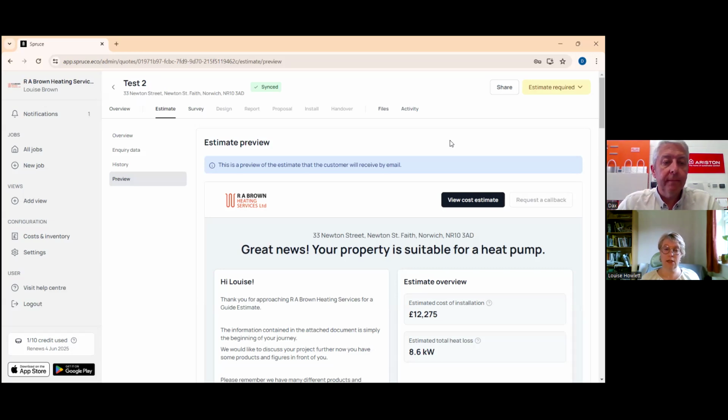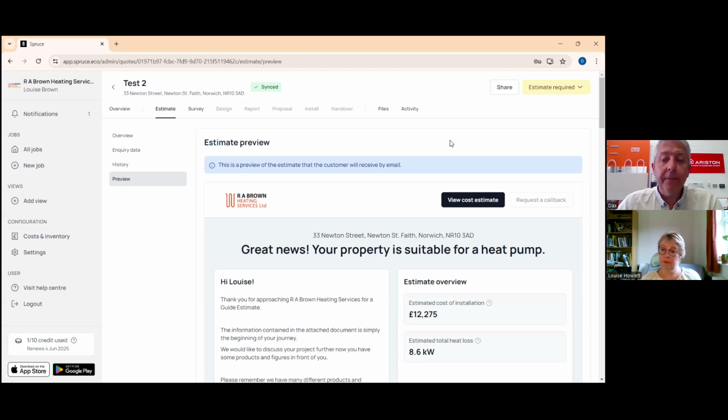That makes the guide estimate even more valuable because you can model things more, since the value of the heat loss survey is different if what you're surveying doesn't exist yet.